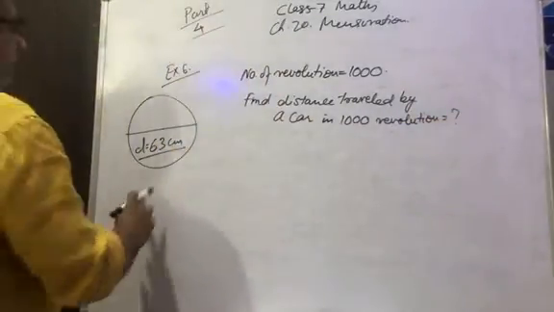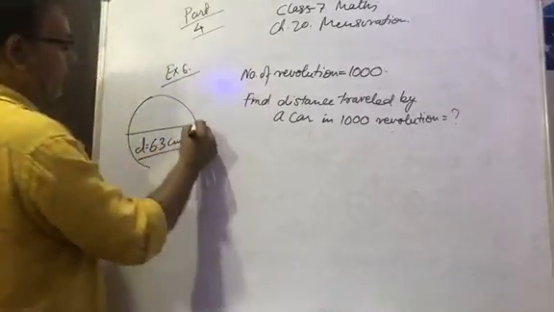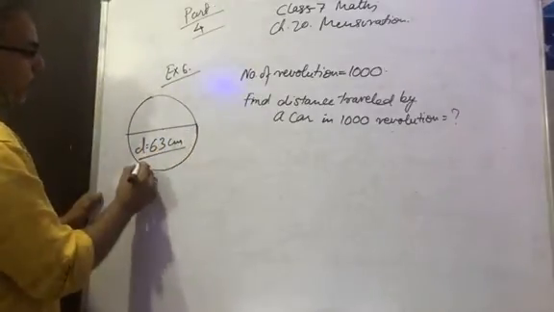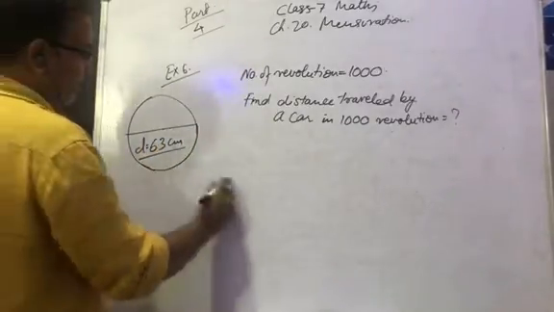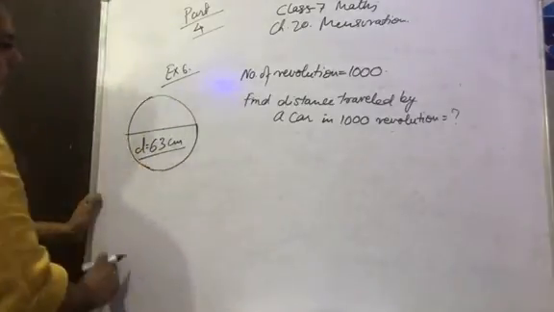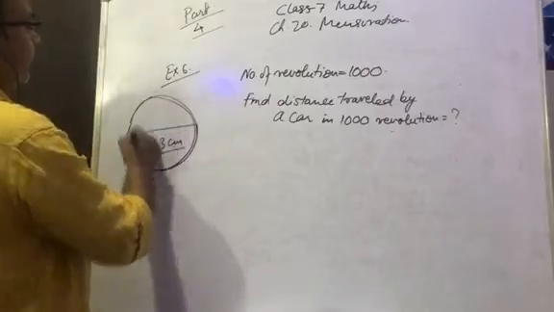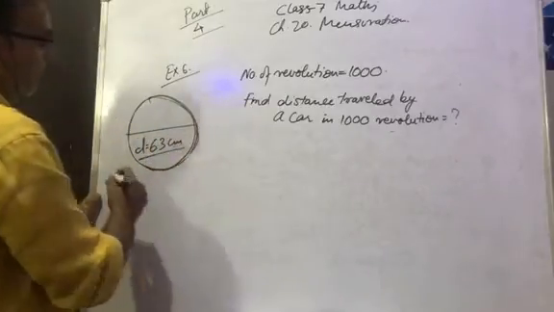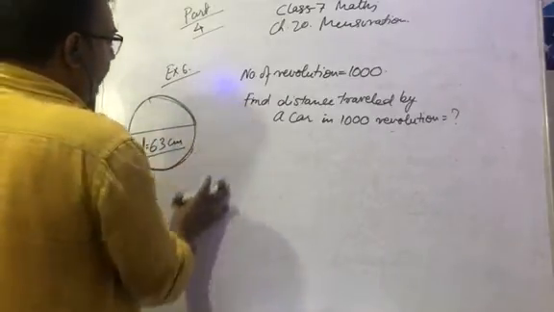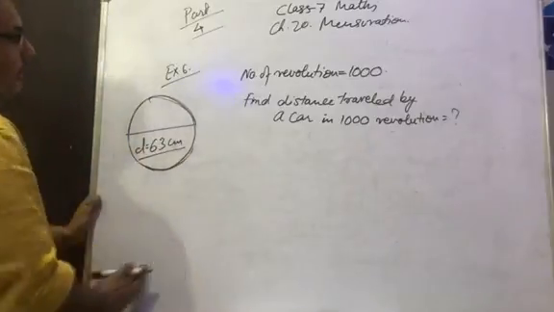So first, which portion of the wheel touches the ground? Basically, while rotating the wheel, the circumference touches the ground.